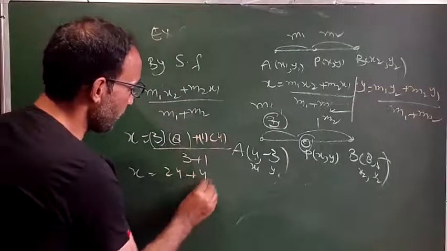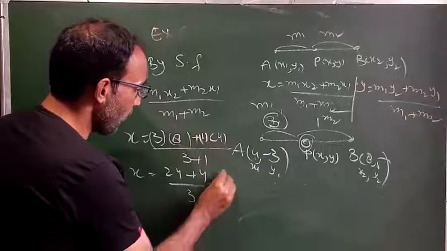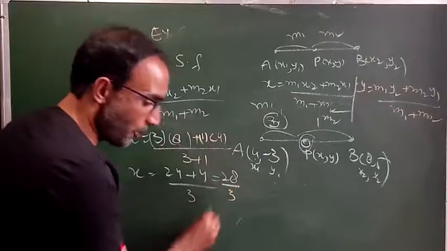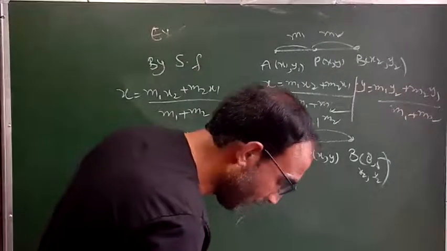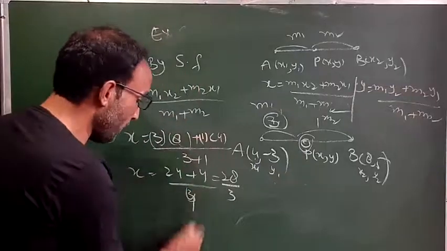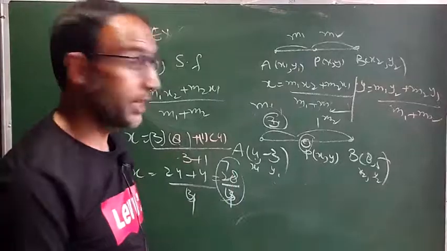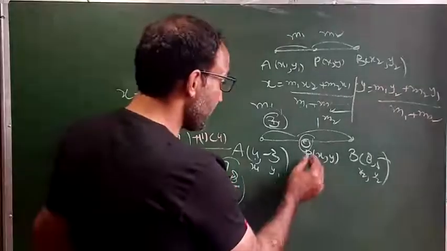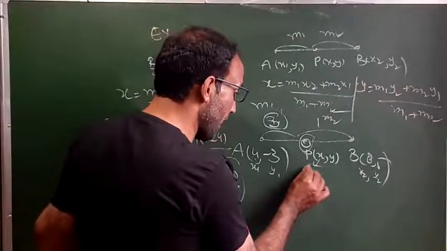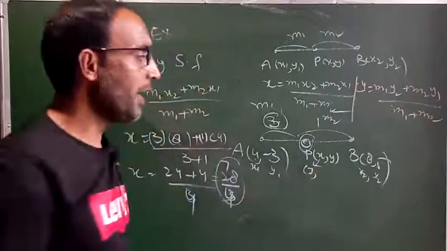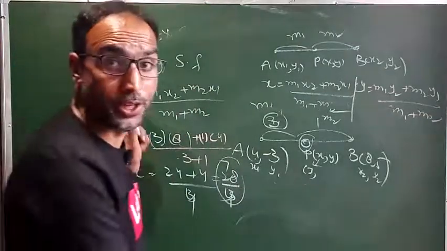It becomes 24 plus 4 upon 4. We get 28 upon 4, which is 7. So the x coordinate is 7.